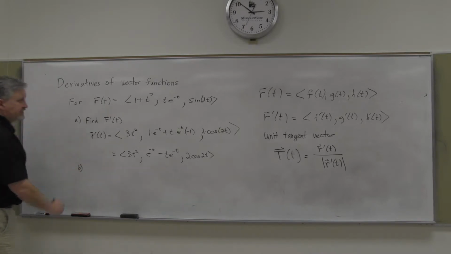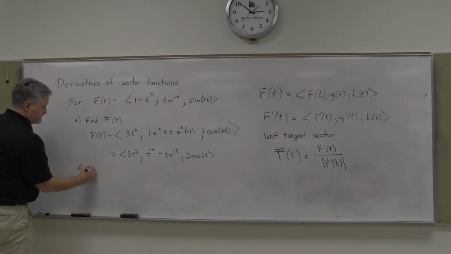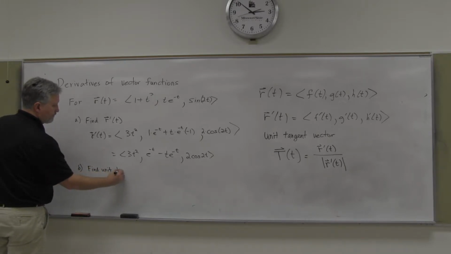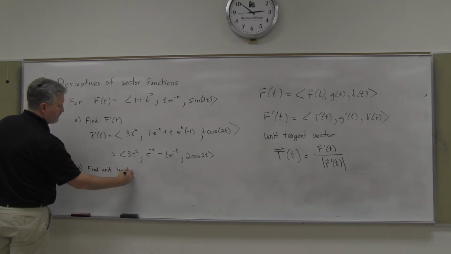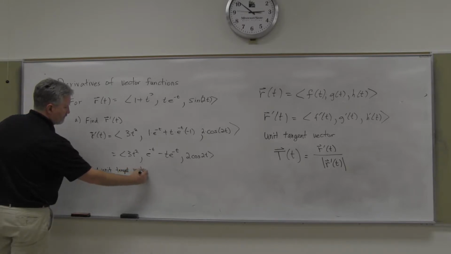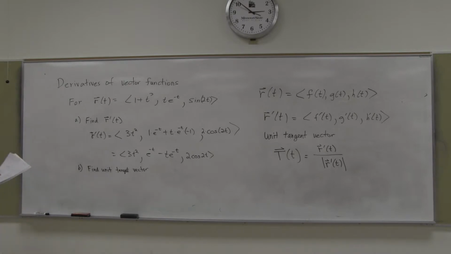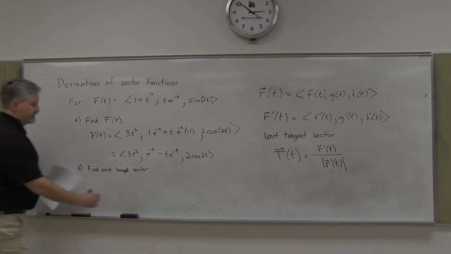All right, so part B, let's do this. How about find the unit tangent vector at t equals 0.